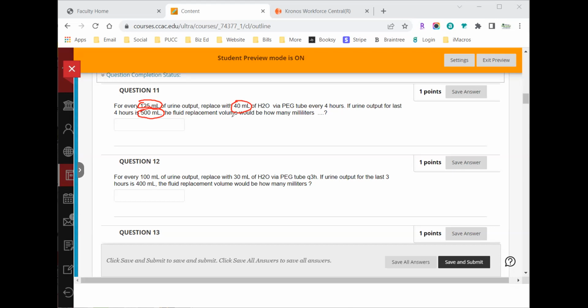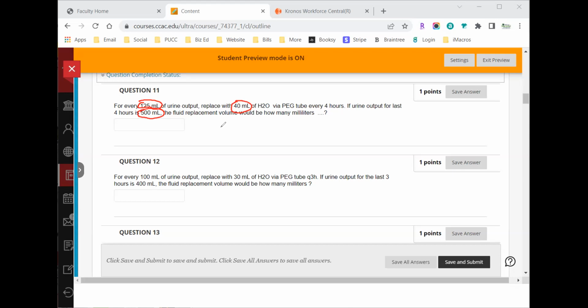So what we're going to do is, I created a formula. I'm not going to write it all out. It's in the tips and in the previous recordings.